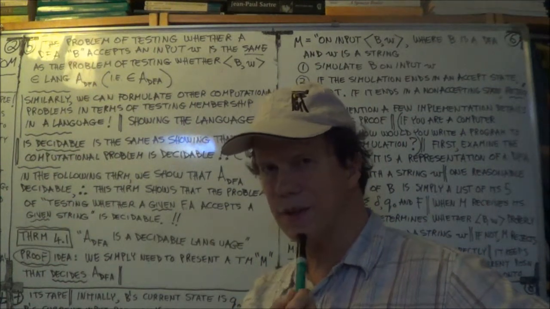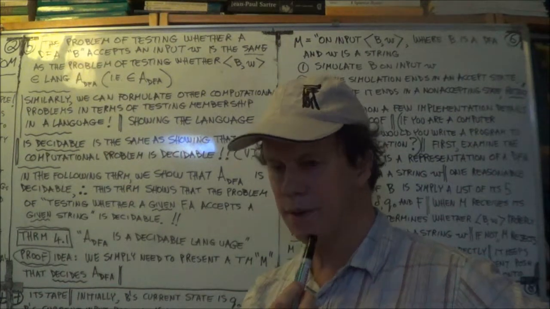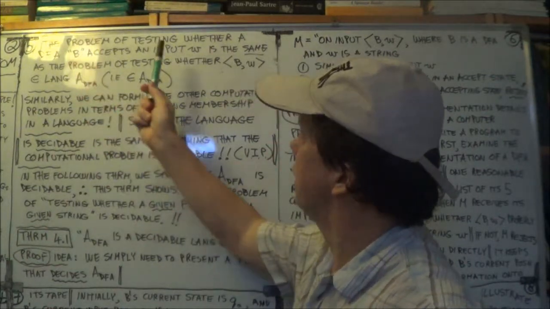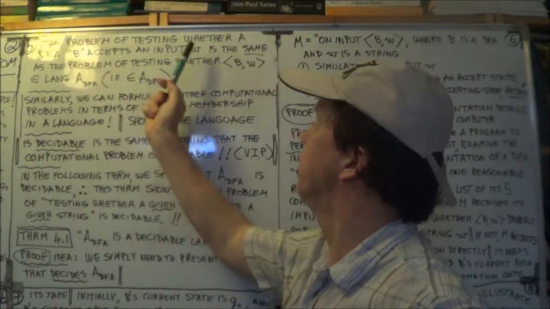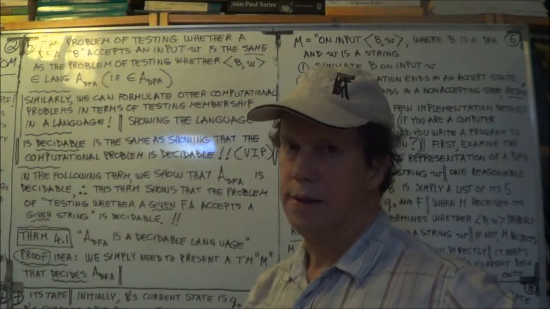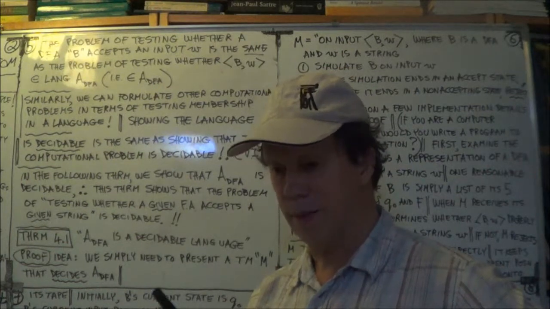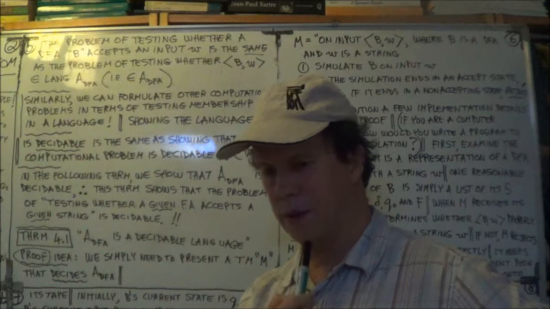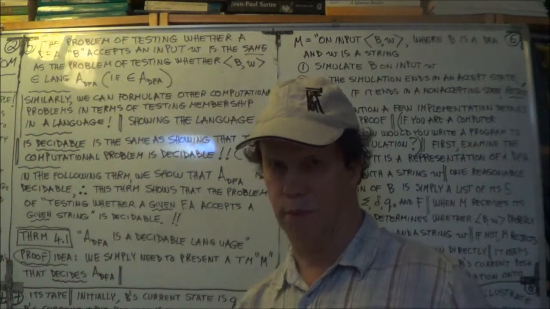Does it exist, yes or no? Does this algorithm exist which allows you to answer yes or no that this machine accepts this string? Random machine, random string. Okay? That's the problem.